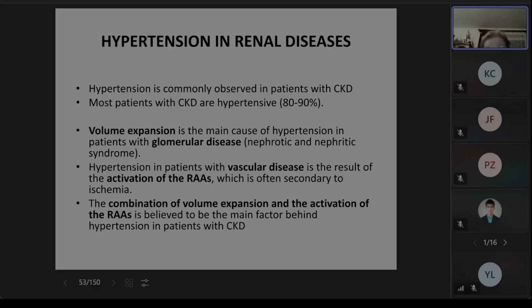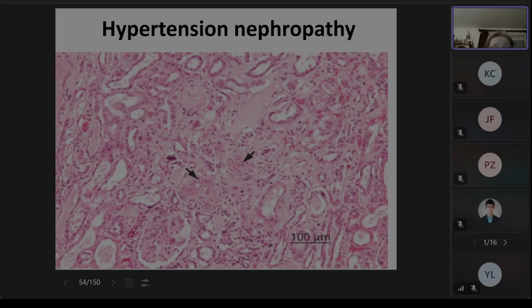It is also very important because, for example, on this slide, you can see the fibrosis, not only sclerosis, but also fibrosis of the glomeruli. And as you maybe remember, the ACE inhibitors are responsible for reducing the fibrosis process in the glomeruli.